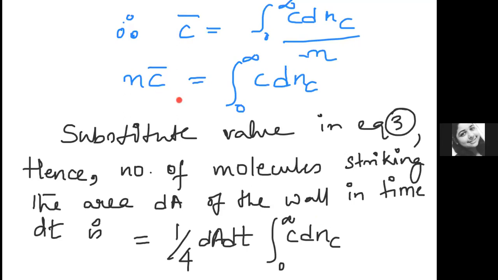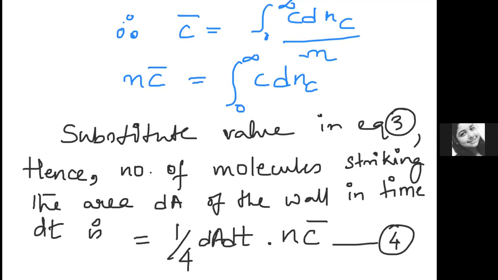We have derived the value, so I'm just rubbing out that part and I will replace it with n C bar. So you got this expression? Make it expression number 4.